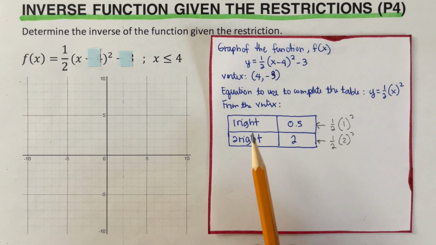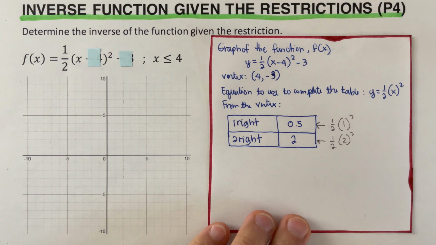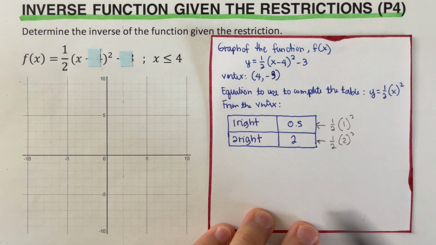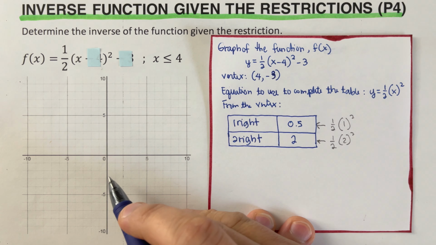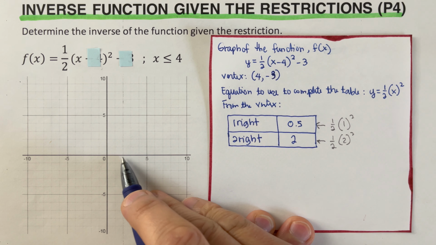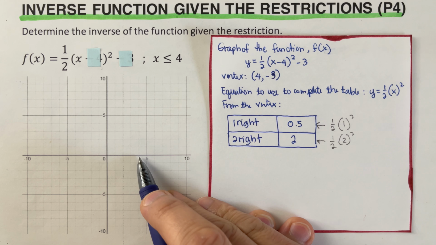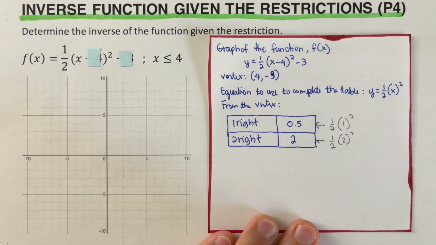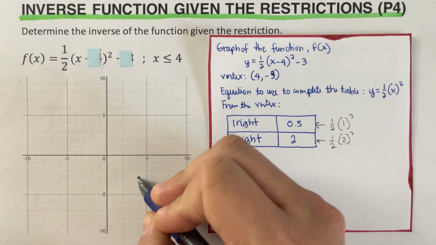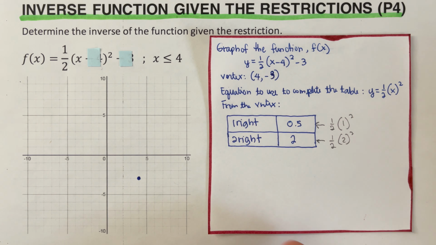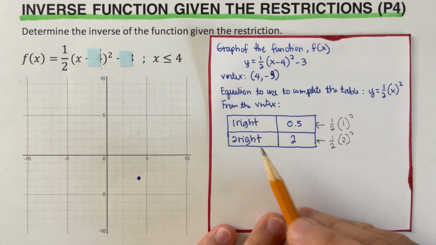This means that from the vertex, we're going to plot the vertex first. The vertex, again, is located at 4, -3. So the x is 4 and then down to -3. So it's going to be down here. That's the vertex. From there, we are supposed to go 1 right and 0.5.